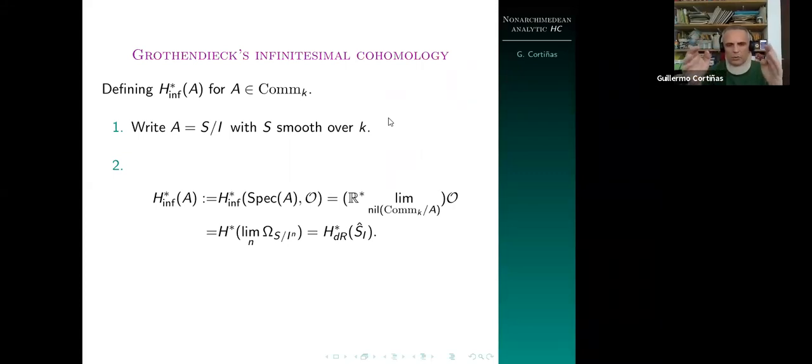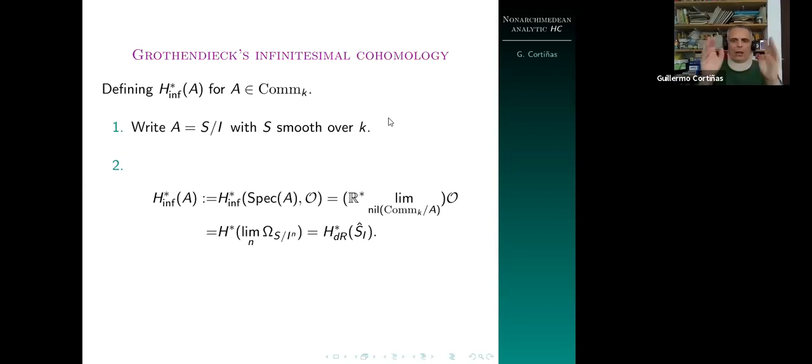So you look at all of those, they form a category, and you can look at all functors from that category to abelian groups. Those will be my sheaves. So for example, if you have a nilpotent extension E of A, you can map it to E. And that functor is the functor O that appears there.